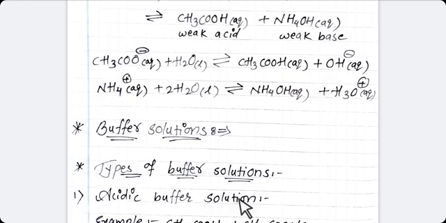A solution containing a weak acid and its salt with a strong base is called acidic buffer solution. I am giving you examples which clearly show how to make acidic buffer solution.